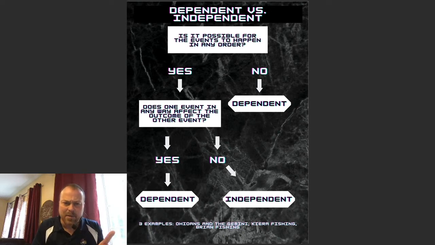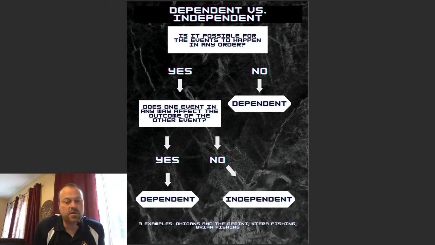But if when A happens, it has absolutely no effect on B happening, then it is an independent event. So the flowchart is a very good way of following the line of thought and trying to determine if something is a dependent or an independent event.